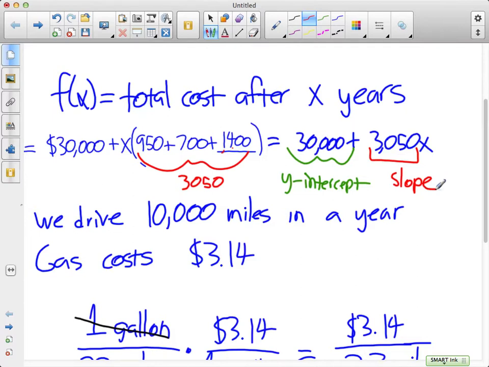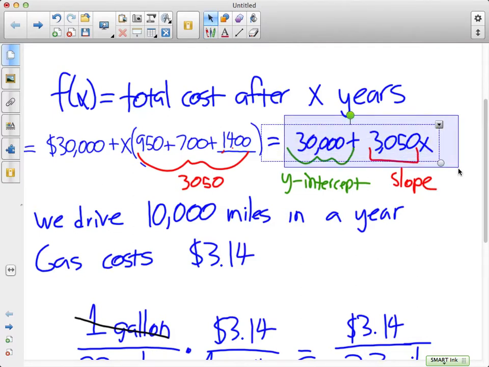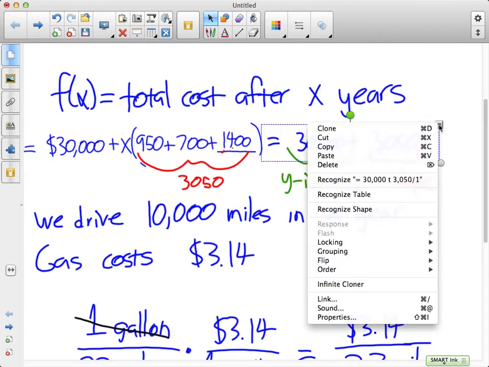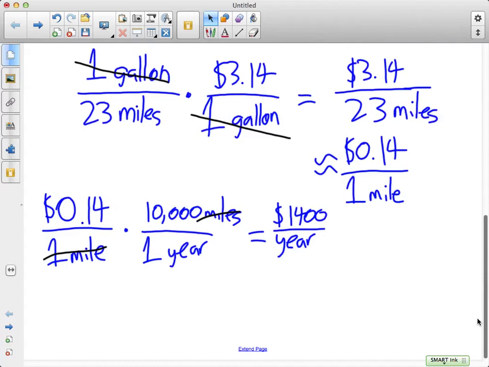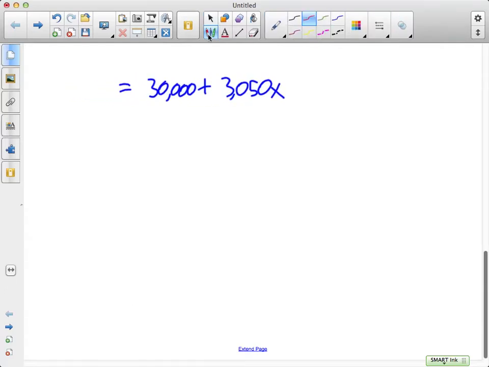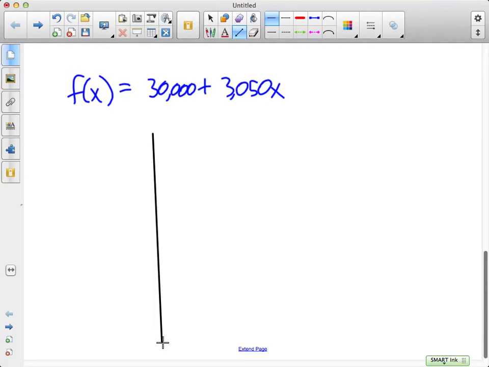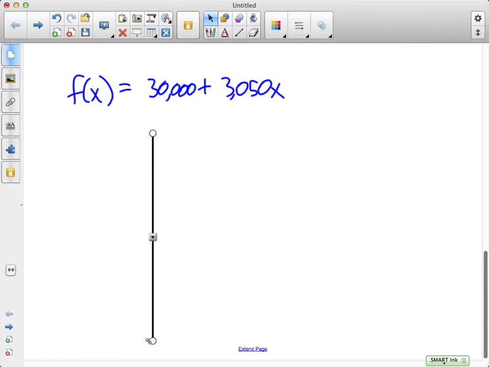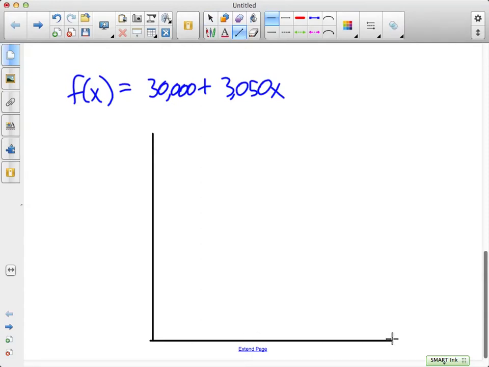Something to keep in mind when you're graphing this is that I really just need 2 points to graph a line. Then I know my y-intercept is (0, 30,000).